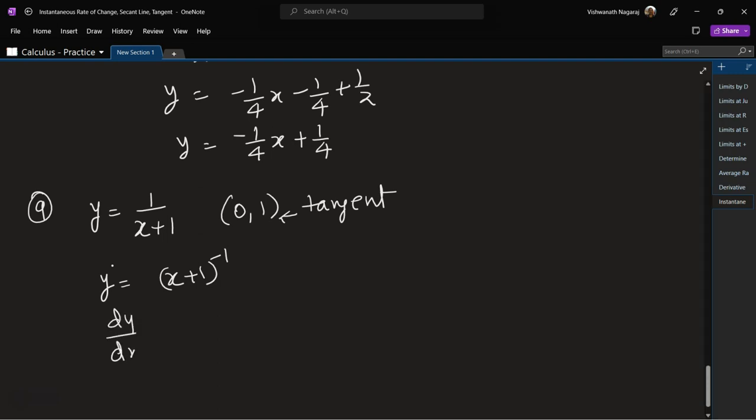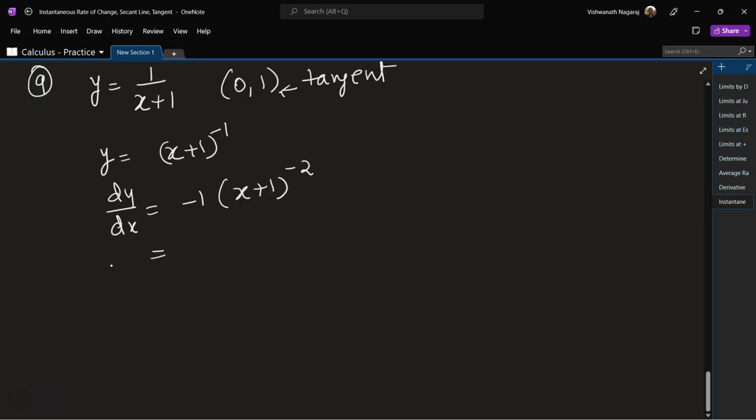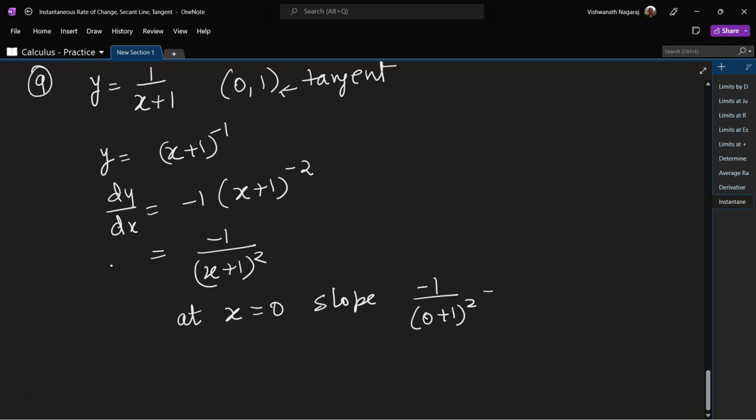So dy by dx is equal to minus 1 times x plus 1 to the power of minus 2. So this becomes minus 1 by x plus 1 square. This is the slope, a general equation of the slope on the curve. So at x equal to 0, the slope is minus 1 by 0 plus 1 square, which is minus 1 by 1, which is minus 1.